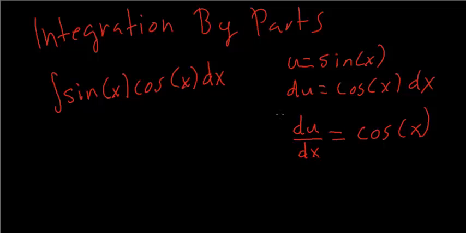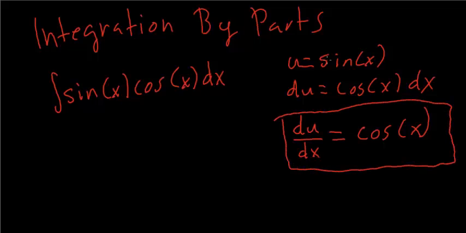And that is in fact true for this u, where u is equal to sine of x. We know that the derivative of sine x with respect to x is indeed cosine of x.